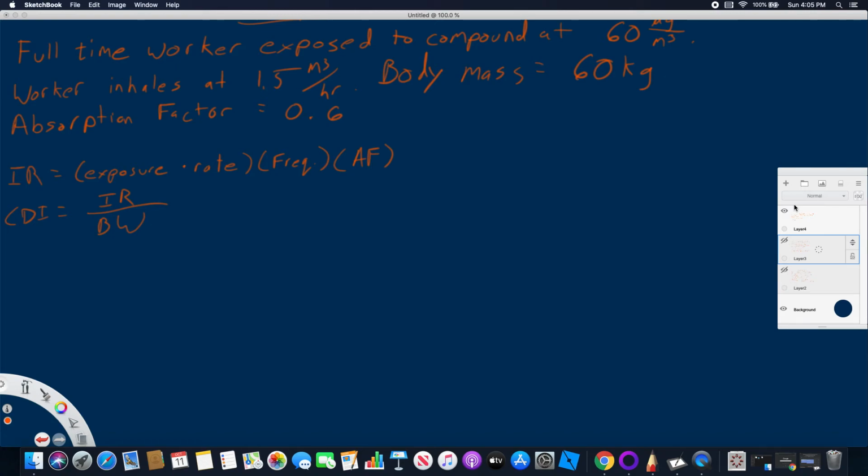So they're only absorbing 60% of the concentration into their body.